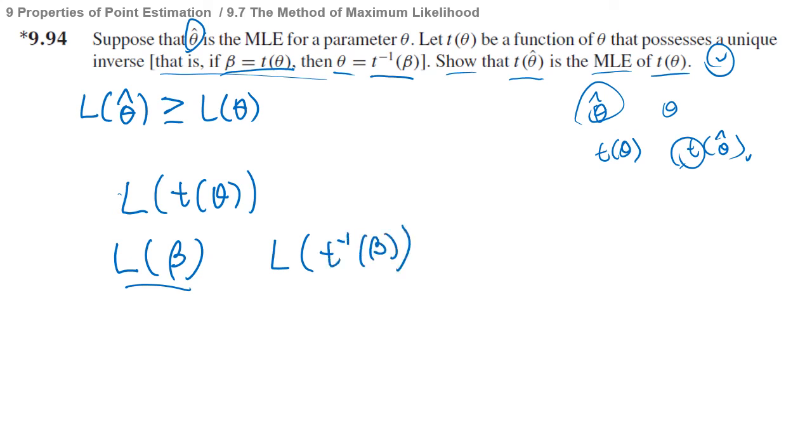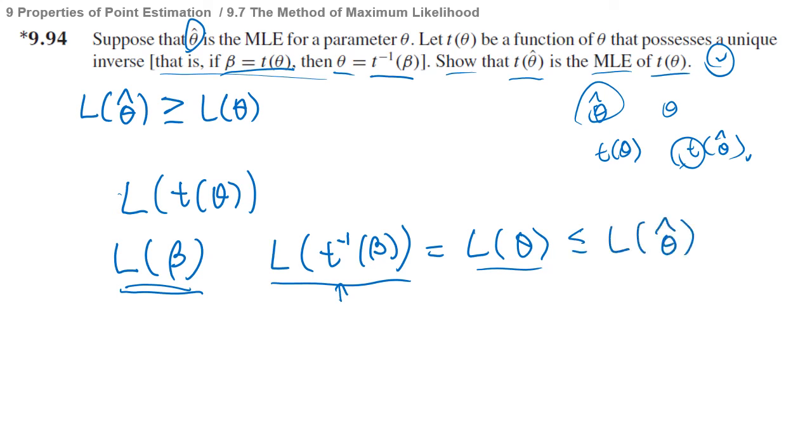So any beta hat that maximizes L beta would maximize L of t inverse beta. This one is actually L theta, and L theta is maximized at theta hat. So at L theta hat this function is maximized, and this is L of t inverse beta hat.